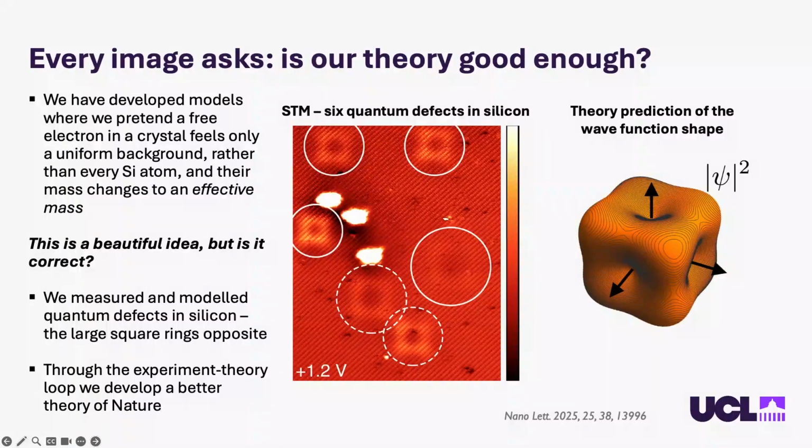If you've heard of quantum computing in the news, you might have heard that Google and other companies already have 100-qubit quantum computers. But the individual qubits that they're using in those devices, they manufacture them, and it requires a lot of tuning.